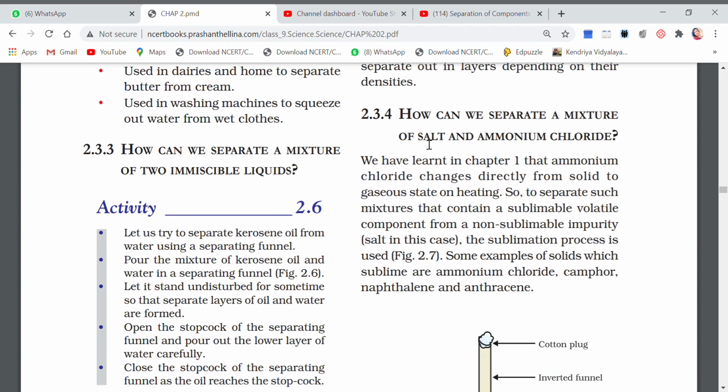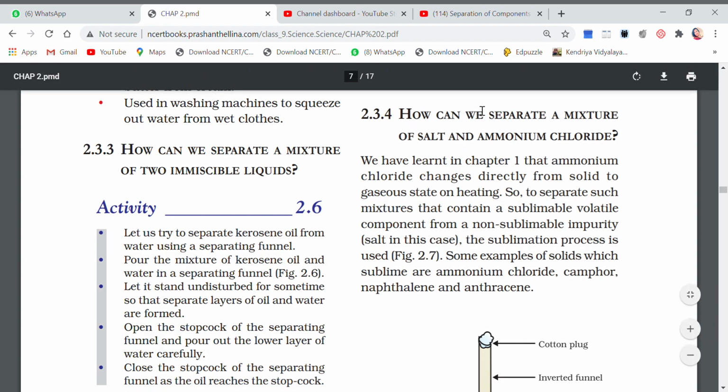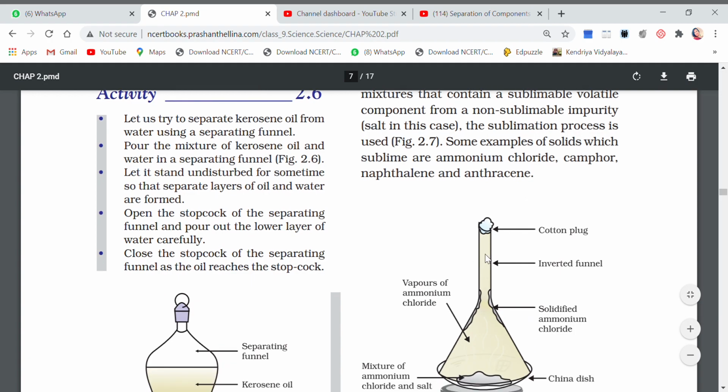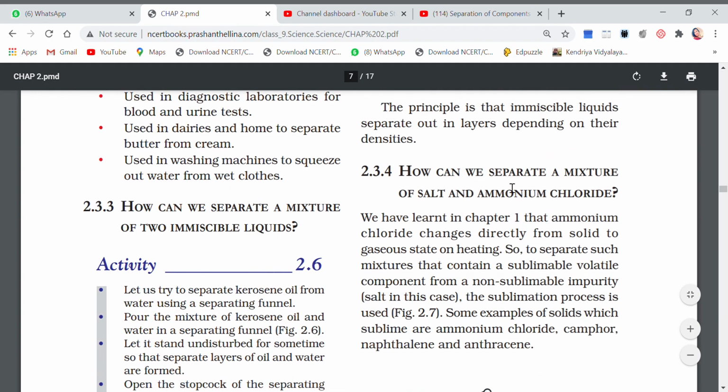So two questions I have told you. One was define sublimation. Other question was you have to write a few examples of sublimates. And the third question is how can we separate a mixture of salt and ammonium chloride? This is your third question. You will draw the diagram and you will write all the steps that were given in that video.